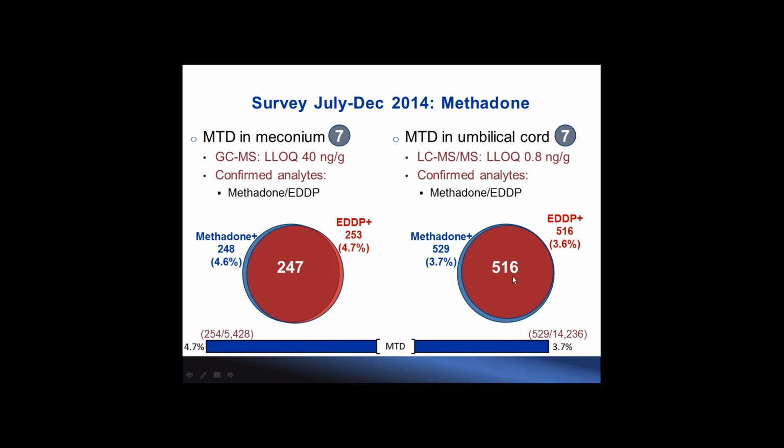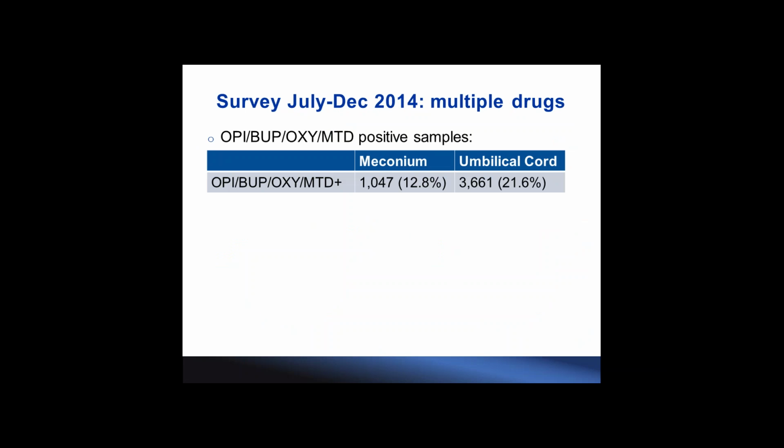In methadone, we see pretty comparable positivity rates between the two specimen types. They mostly come as both the parent drug, methadone, and the metabolite EDDP together in the case. So let's stop here for a while, because those are the most popular opioid drugs that may cause NAS symptoms.